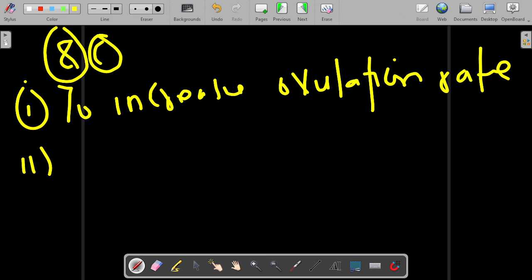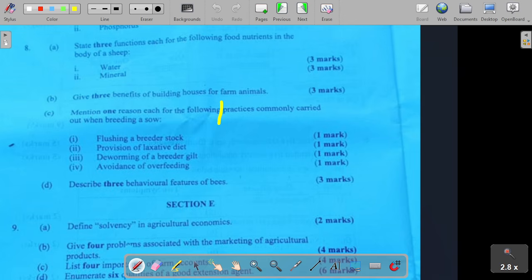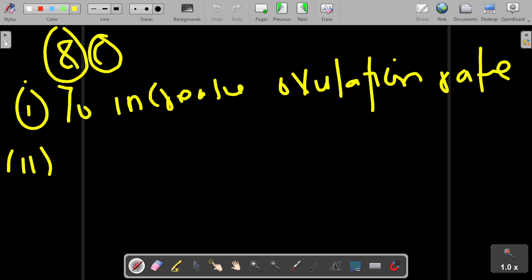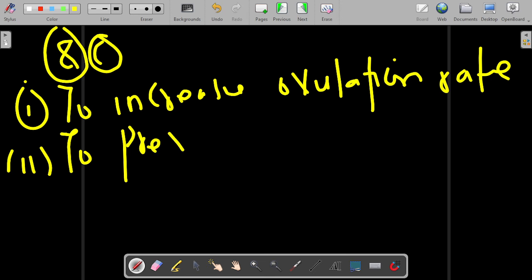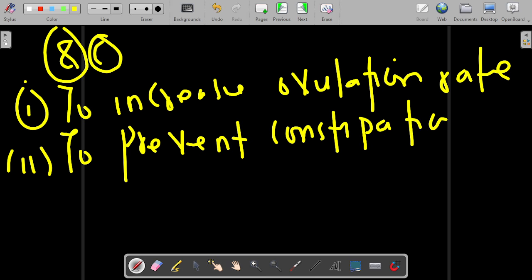Then number 2, provision of laxative diets is to prevent constipation.